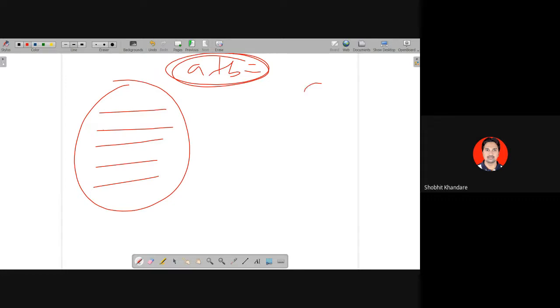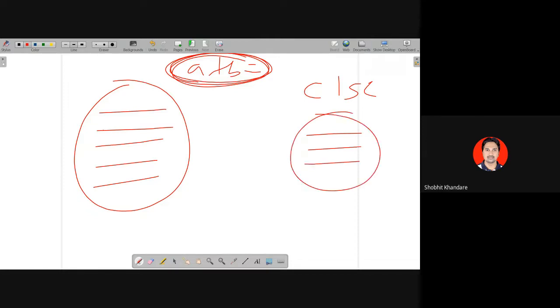Suppose under your CISC, you have solved the same a plus b problem by using only 3 instructions. Here you are using only 3 instructions, and there you are using 5 instructions.